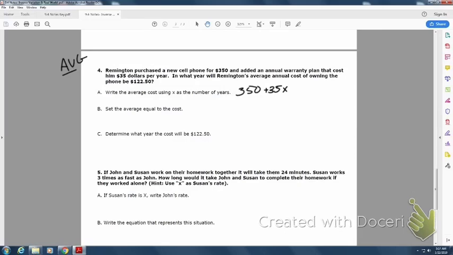And since he's going to be paying that every year, I got to put x next to it, representing the number of years. And then I'll divide it by the number of years that he's owned it. I'll set that average equal to the cost of $122.50.